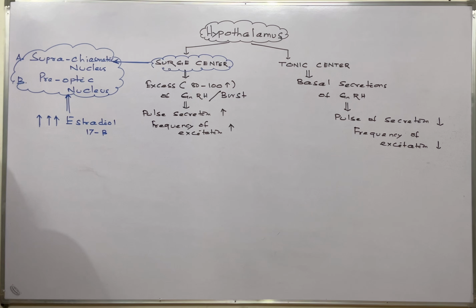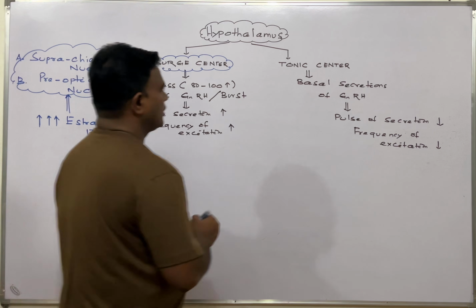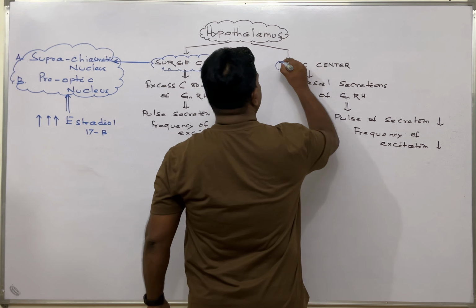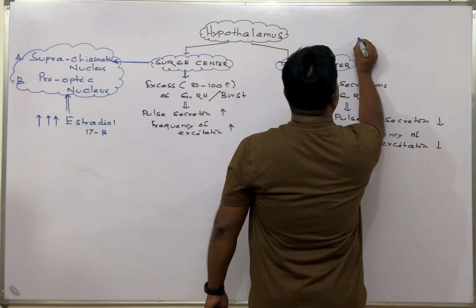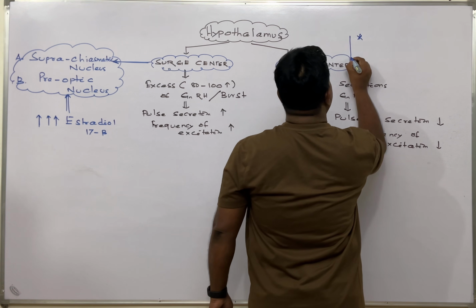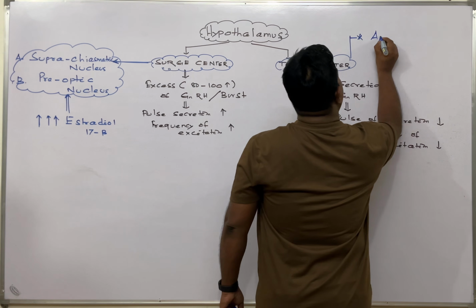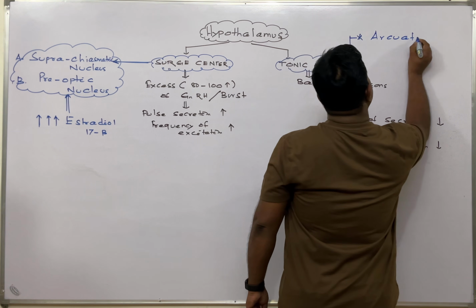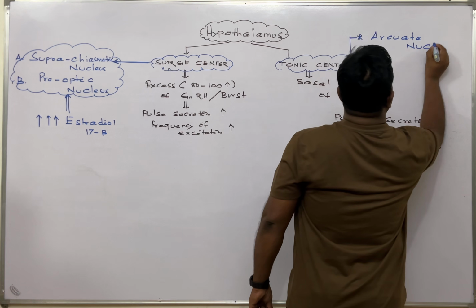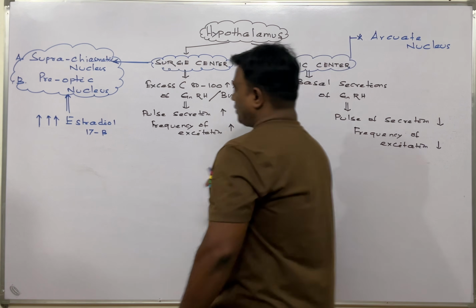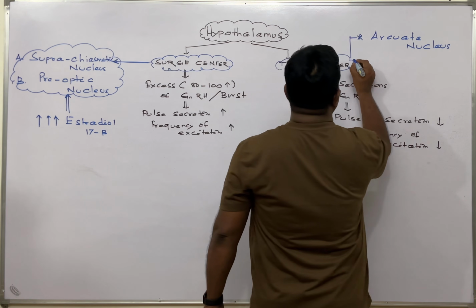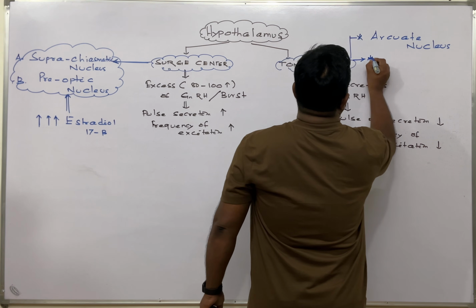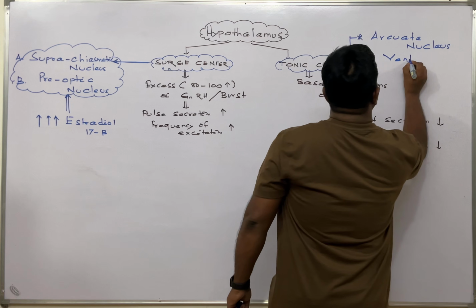Now coming to the other center, the Tonic Center. Here the first one is known as the Arcuate Nucleus, one of the points to be remembered, and the second one is the ventromedial nucleus.